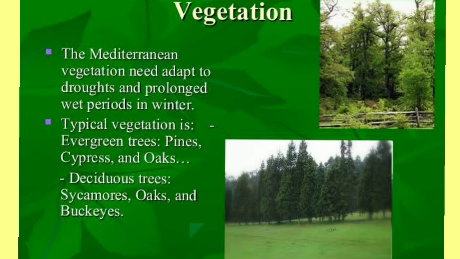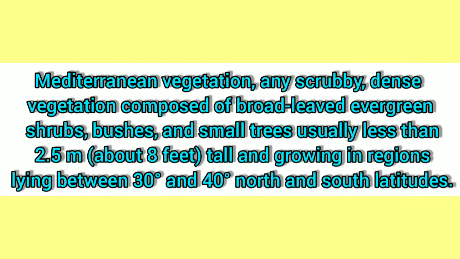It is mostly found in the areas around the Mediterranean Sea in Europe, Africa and Asia, hence the name. This kind of vegetation is also found outside the actual Mediterranean region, in California in the USA, Southwest Africa and parts of Southwest America, Southwest Australia.